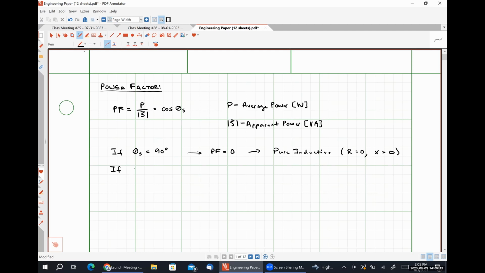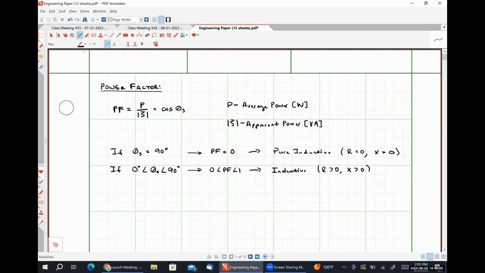If 0 degrees is less than theta S is less than 90 degrees, then our power factor is going to be somewhere between 0 and 1. This is the case for an inductive load where R is greater than 0 and our reactance is greater than 0.